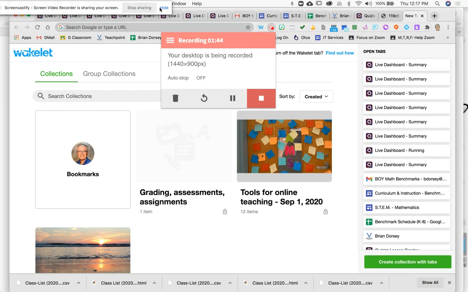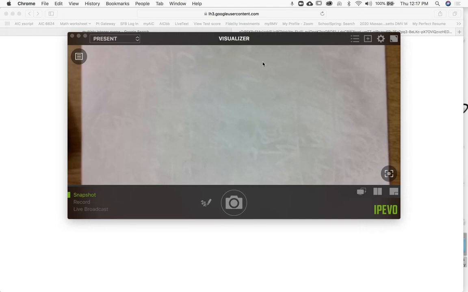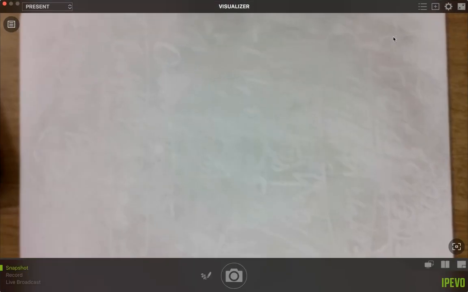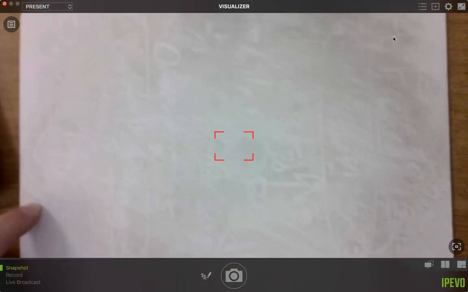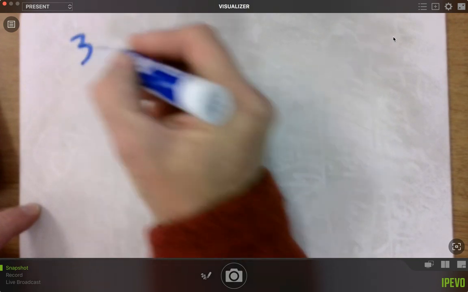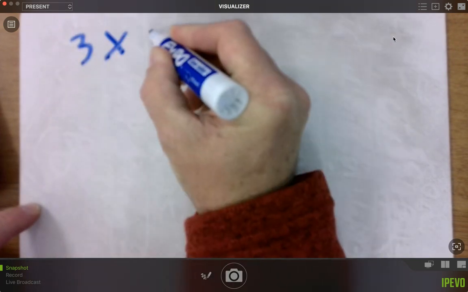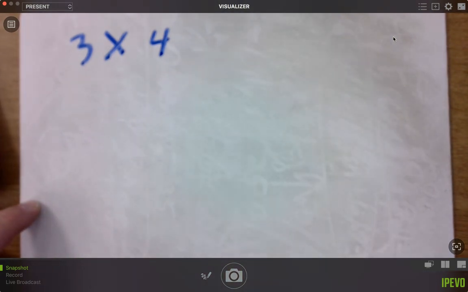Okay, so let's take a look at a couple of examples of that. In the first situation, we have a positive times a positive. If I take a positive 3 times a positive 4, you're familiar with that from all the math you did in elementary school up till this point.